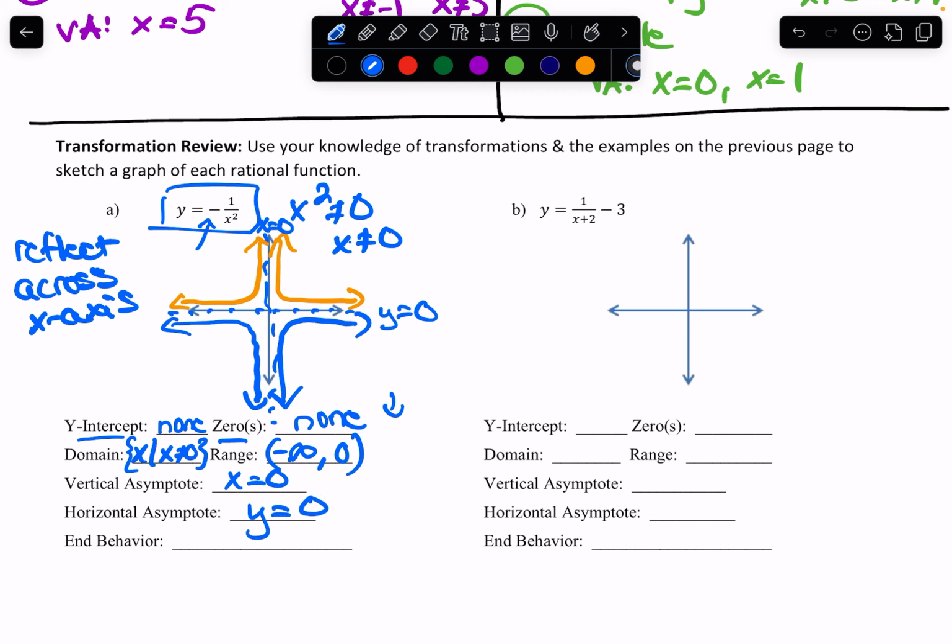Our end behavior, what this means is that when x approaches infinity, y approaches 0, which happens right here. So x is approaching infinity, y is approaching 0. When x is approaching negative infinity, so on this side right here, y is approaching 0.